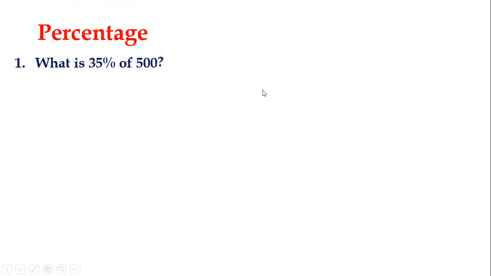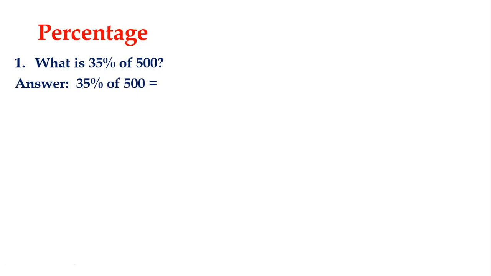Just I am going to give you some problems. What is 35% of 500? What is the meaning of this? The meaning of 35% is 35 by 100 of 500. That means 35 by 100 multiplied by 500.